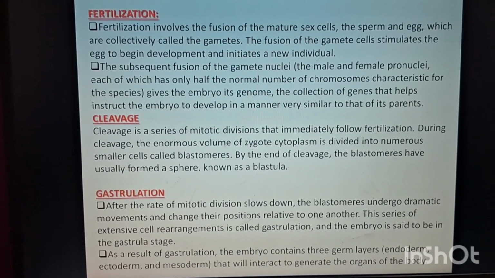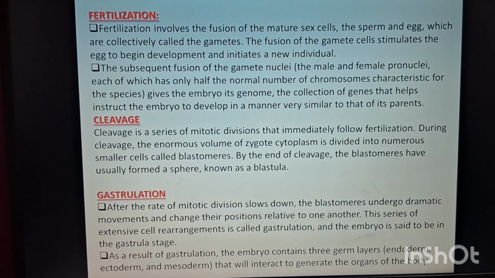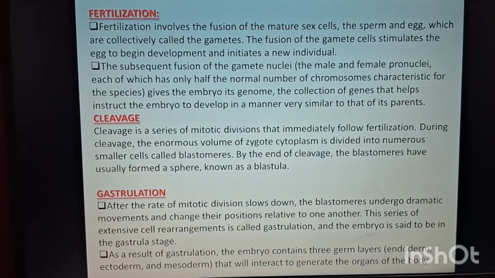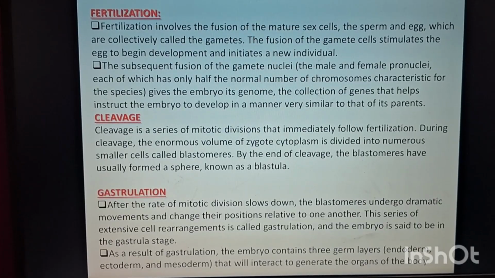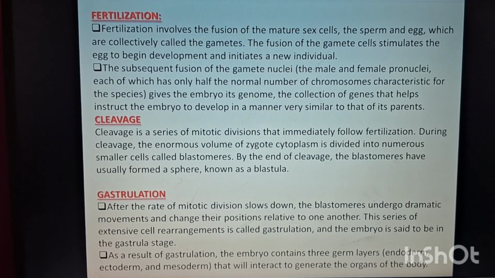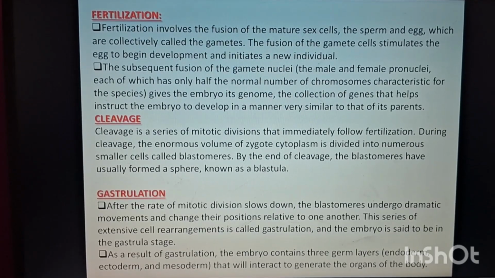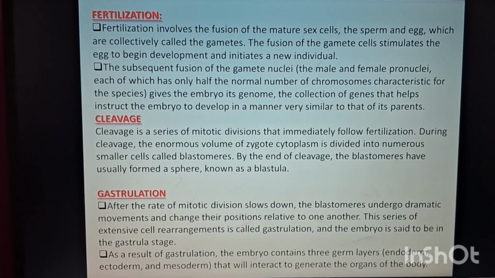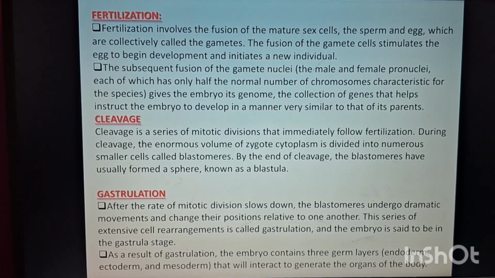And then the subsequent fusion of the gamete nuclei, that is the male and female pronuclei, each of which has only half the normal number of chromosomes characteristic for the species, gives the embryo its genome and the collection of genes that helps instruct the embryo to develop in a manner very similar to that of its parents.